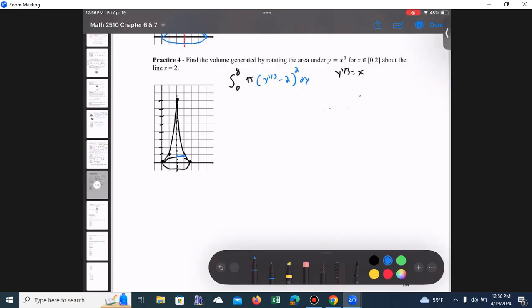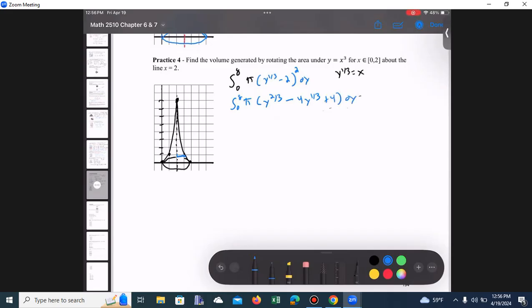And that's squared. We still have to square this out then: y to the 2/3 minus 4y to the 1/3, that'd be 2 of those, and then plus 4, dy.